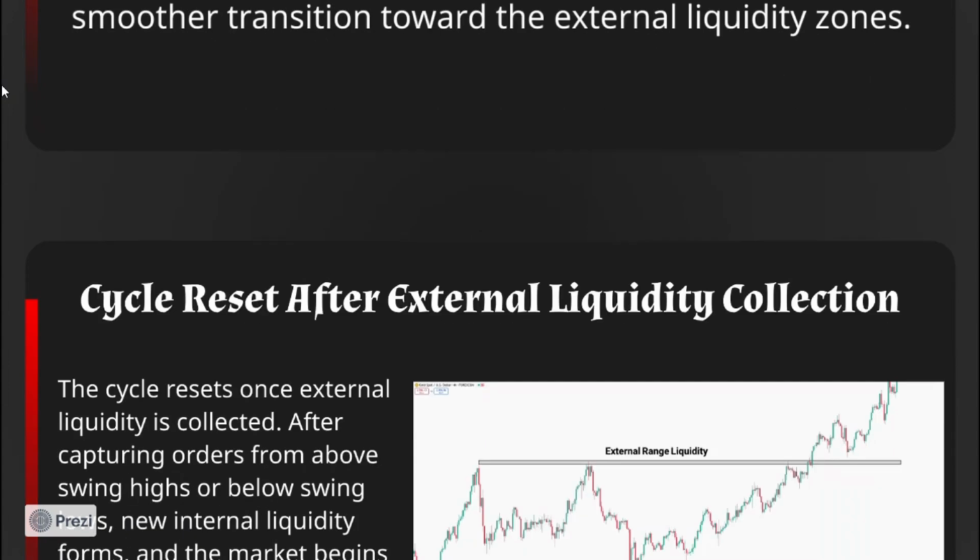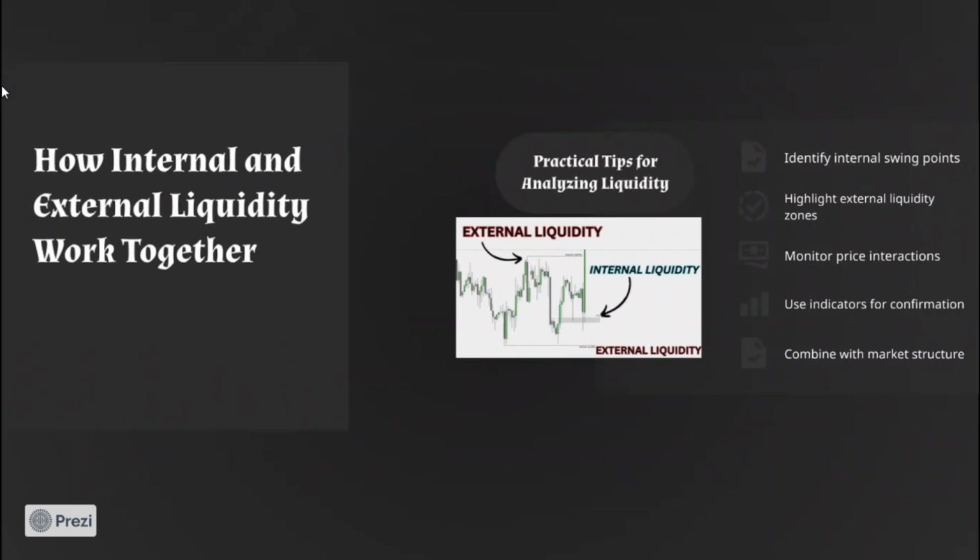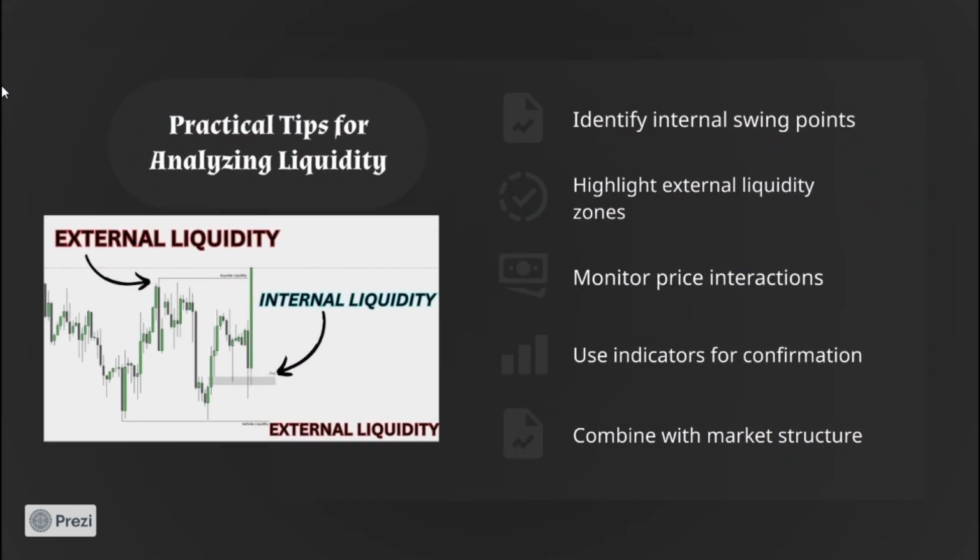Mark that. Now, after sweeping the external liquidity, the market will tend to create other external liquidities so that it will go forward and aim for them. If it sweeps the monthly, if it sweeps the daily, it will aim for the weekly. Sweep the weekly, aim for the monthly.